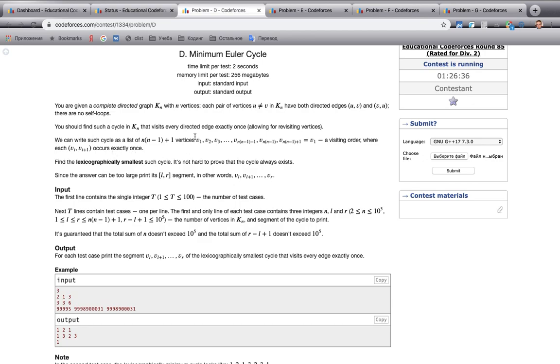We will write this cycle as a sequence of vertices we visit in order, and we want to find the lexicographically smallest such cycle, and we are asked to print some segment of it because the cycle itself has a quadratic length, but n is up to 100,000.